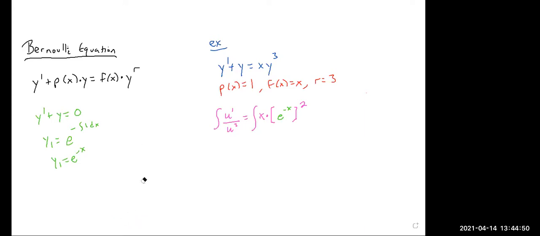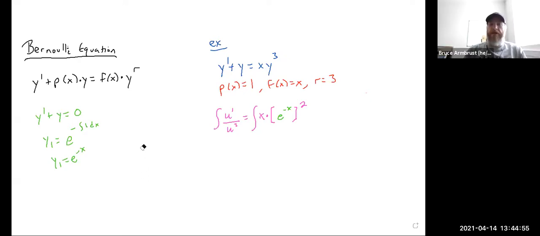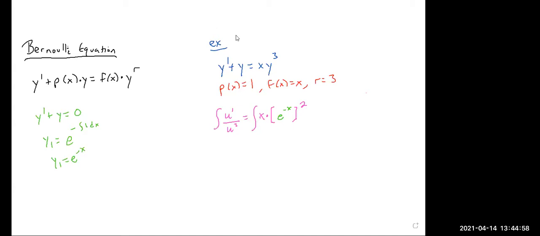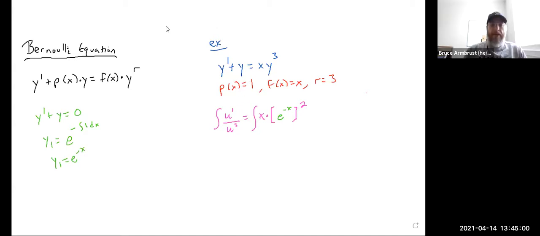Does that negative come out, or is it 1 over e to the x? It's 1 over e to the x. So let me rewrite this: the integral of u prime over u cubed equals the integral of x over e to the 2x. Or, you know what, no, we'll write it as multiplication. It doesn't really matter.